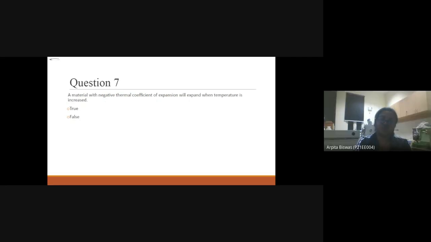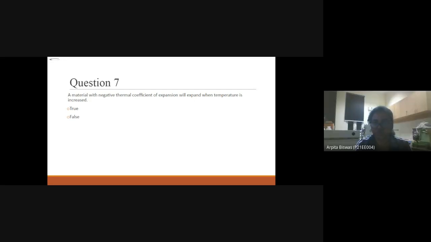Next, we are moving towards question number 7. A material with negative thermal coefficient of expansion will expand when the temperature is increased. So, is it true or false? Go through the question carefully, then try to give the answer.